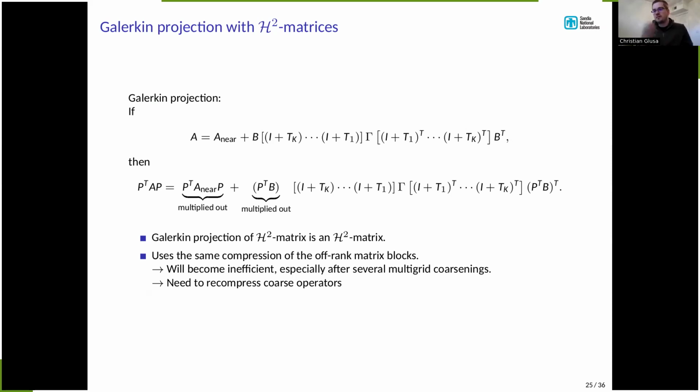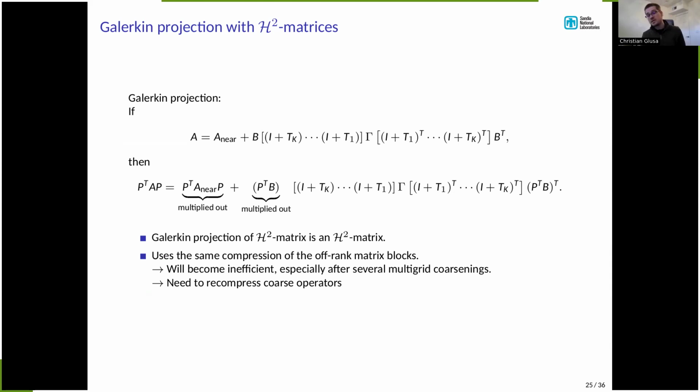If we have our hierarchical matrix written out using the representation that I showed earlier, using all sparse matrices, then it's relatively easy to see that if we multiply it with sparse matrices from both sides, we recover something that essentially has the same form, and again is a hierarchical matrix. So essentially this family of hierarchical matrices is closed under multiplication with sparse matrices.